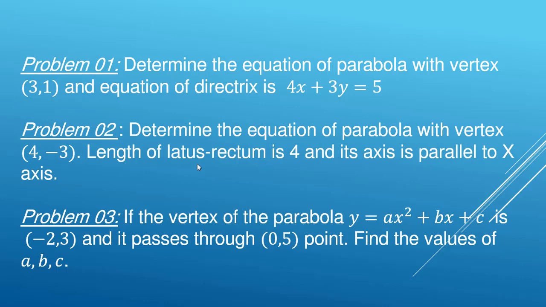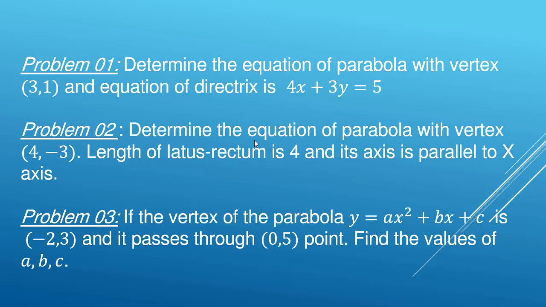Problem number 2: determine the equation of the parabola with vertex (4, -3), length of latus rectum 4, and its axis parallel to the x-axis. From our previous lecture, we knew the equation of a parabola with vertex (alpha, beta) and axis parallel to the x or y axis.